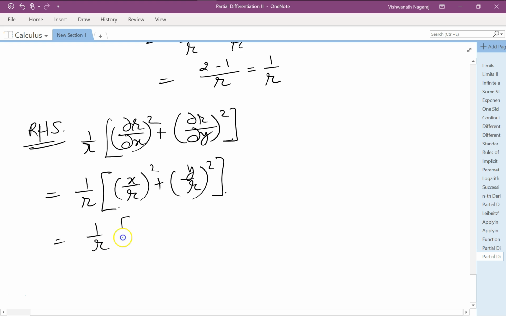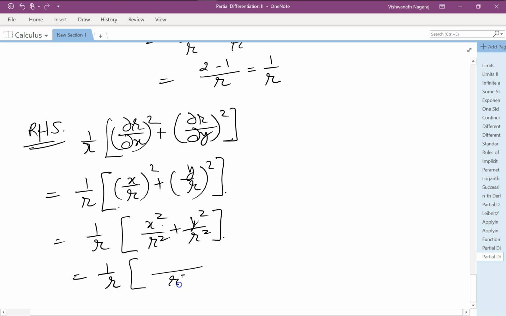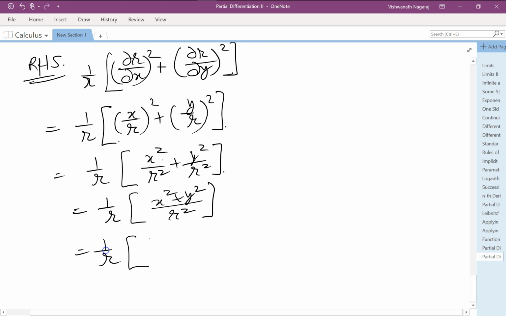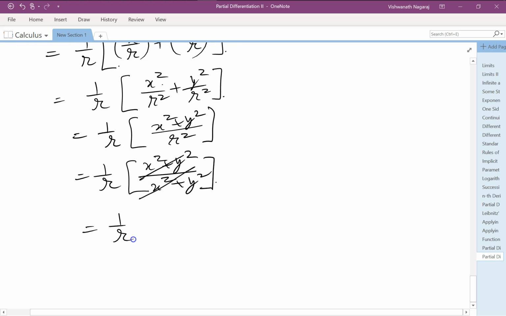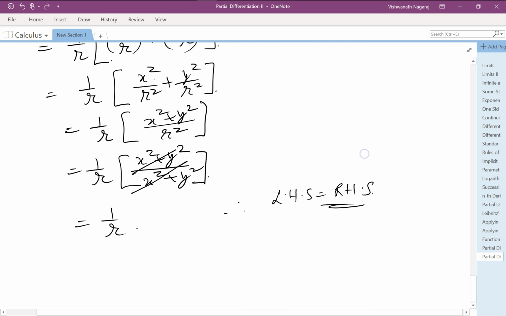This becomes x square by r square plus y square by r square, which is 1 by r times (x square plus y square) by r square. Remember, r square is nothing but x square plus y square. So these two get cancelled out and we are left with 1 by r. So therefore LHS is equal to RHS, 1 by r, 1 by r.